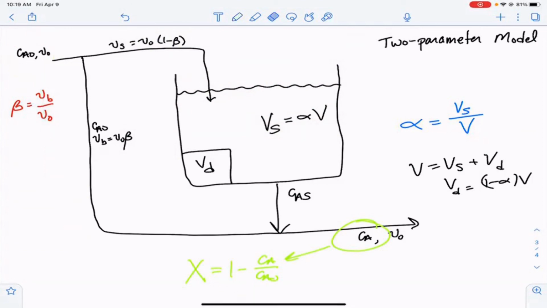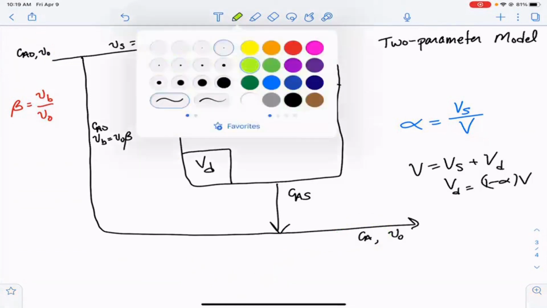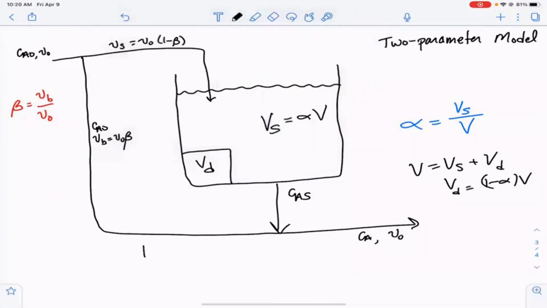We're going to take two steps to solve these problems, especially in the two parameter model. So the first step is that we are going to do a mass balance around the reactor. And then we're going to end up solving for this intermediate concentration, given what we know. We'll already know beta, we'll already know alpha.